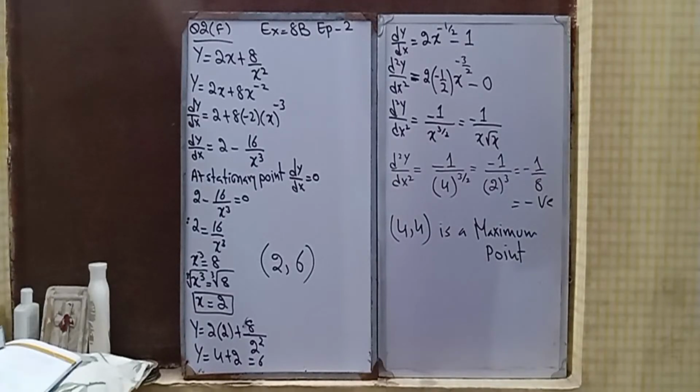Now, once I know the coordinates of the stationary point, I need to find out the nature of that point, whether it's a maximum point or a minimum point. For this purpose, I have to find the second derivative.